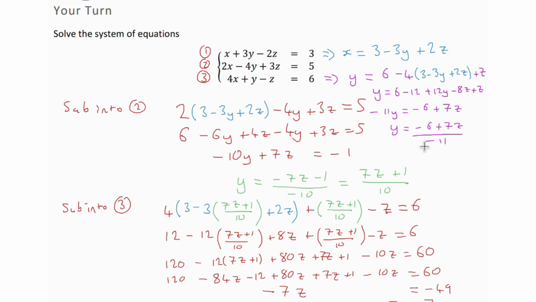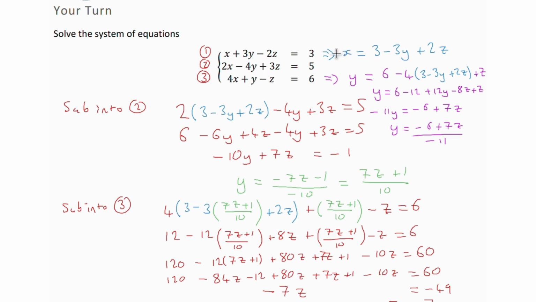Now, we still have at that point a fraction, but we're only having to substitute it in once because we've already dealt with one of the substitutions here. You're going to have to rewrite two of the equations in the form x, y, or z equals, and then substitute it into the other equations in some way.